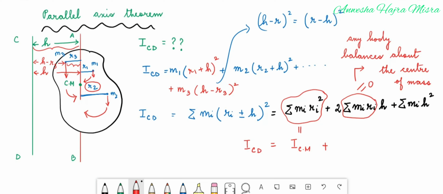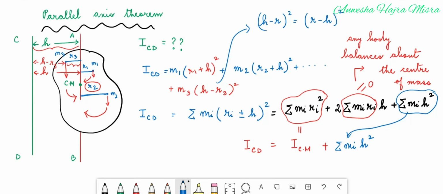So we are left with only the first and the last term. So this can be written as summation mi h square.